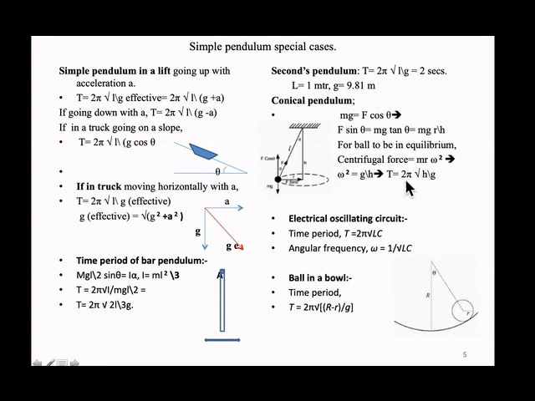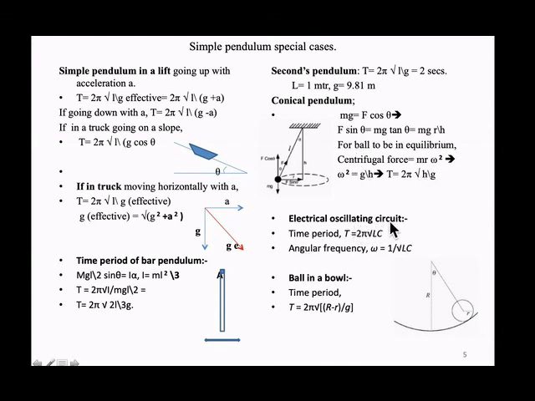So time period is 2 pi root h by g. This is h. This is L. So 2 pi root h by g. This mr omega square is countering the mg tan theta force. mg tan theta, again r by h. So when we simplify it, we get 2 pi root h by g.